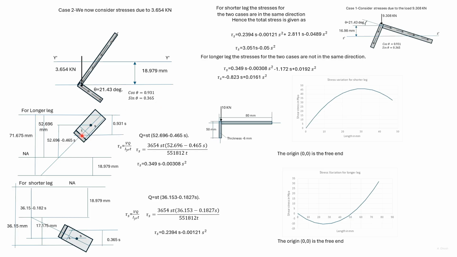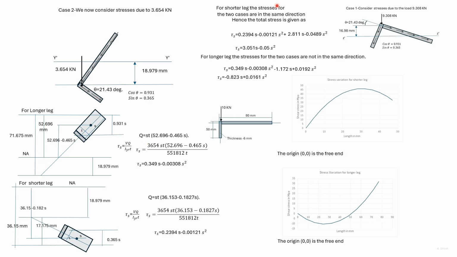The length of this portion is S, then the vertical distance is cos theta into S. So the distance of the centroid of this portion from the neutral axis is given by this expression. Q is equal to ST into this expression.